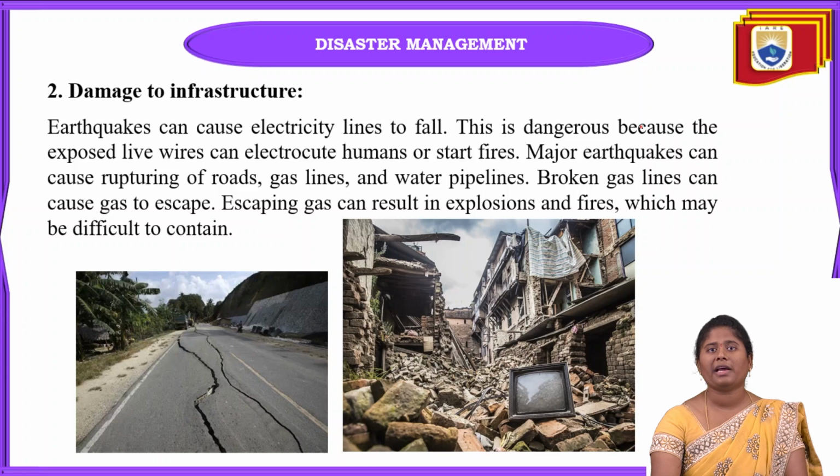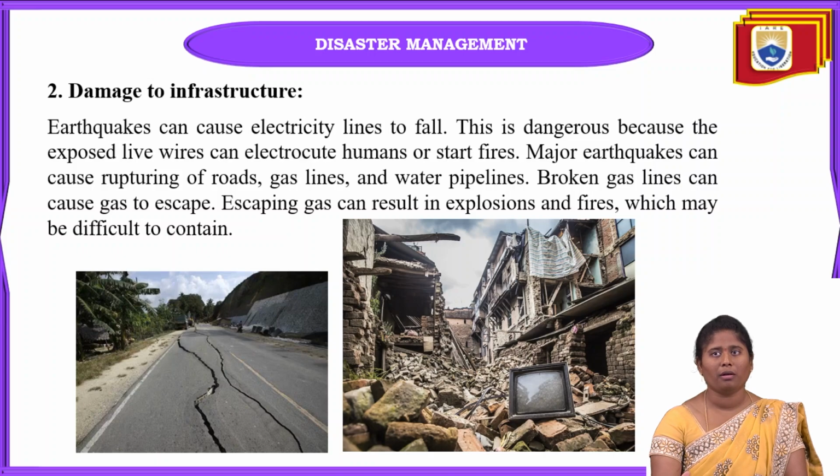This will be very dangerous to humans. If live wires are exposed to humans when the earthquake is occurring, they will cause electric shock, and it can also start fires in the buildings.